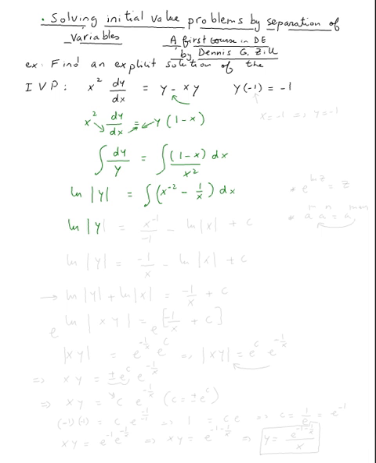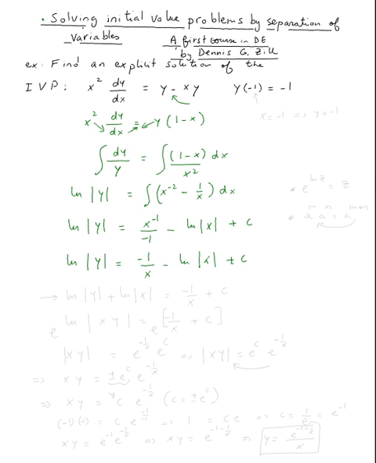Now, ln of absolute value of y will be equal to x to the negative 2 plus 1, which is x to the negative 1 over negative 1, minus the integral of 1 over x, which is ln of absolute value of x, plus some constant. Let me rewrite this. ln absolute value of y is equal to -1 over x minus ln of absolute value of x plus c.